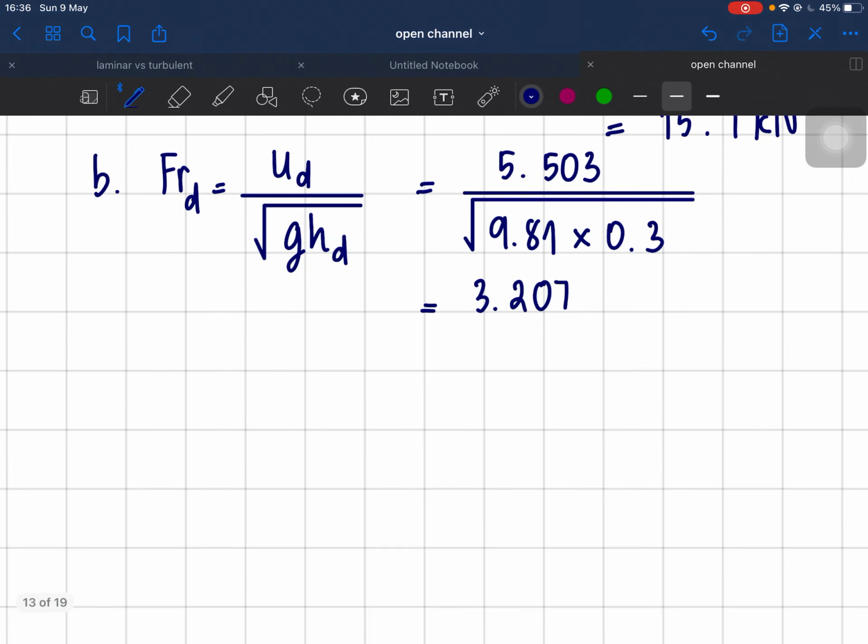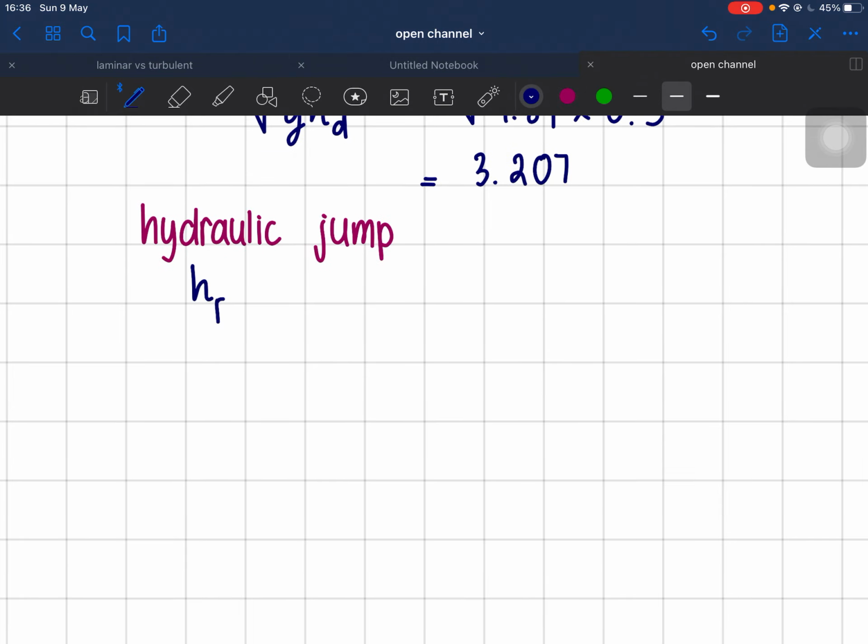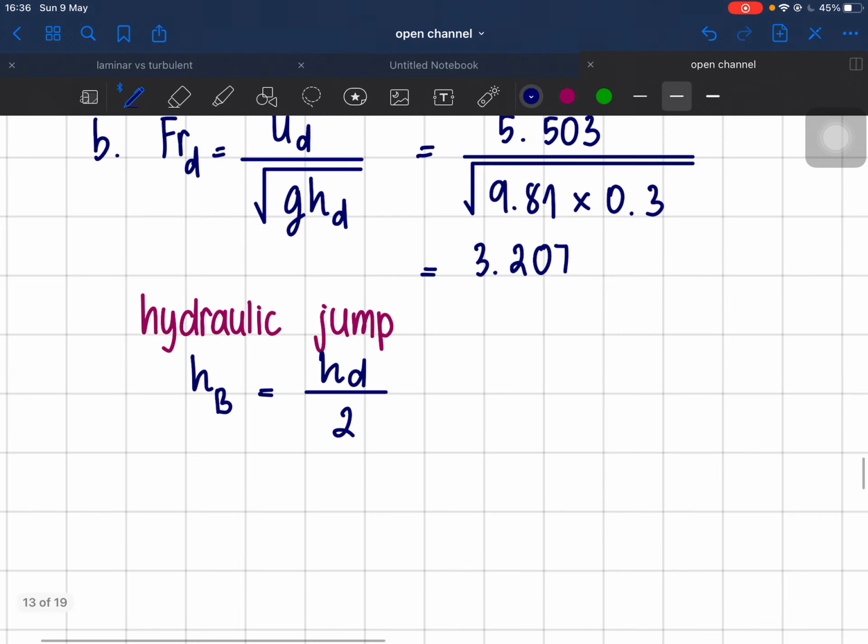So we can find the hydraulic jump relation. The hydraulic jump here we have HB equals to HD over 2, the downstream, alright?